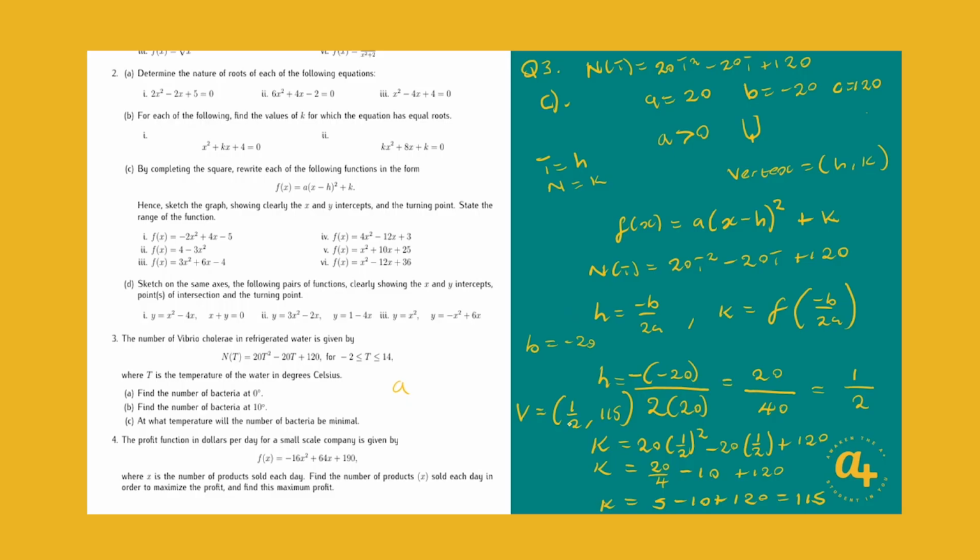In this case, our h is equal to 1 over 2 or half, which means that our t, or the temperature that will give us the minimal number of bacteria, is also equal to half or 1 over 2. So this is our final answer. The temperature 1 over 2 degrees is what will give us the minimal number of bacteria. And just like that, we have answered and finished this question.